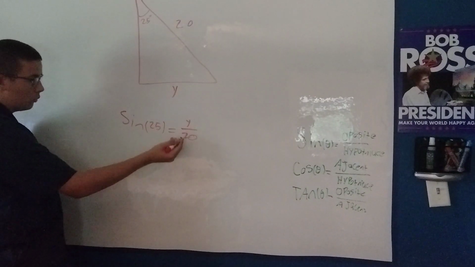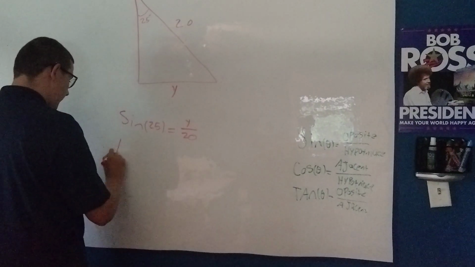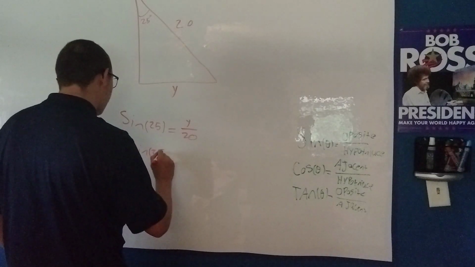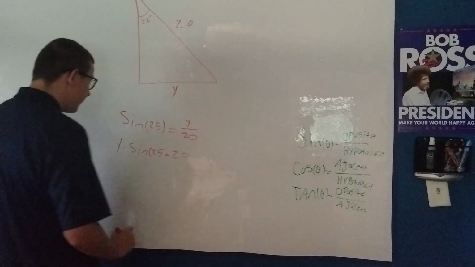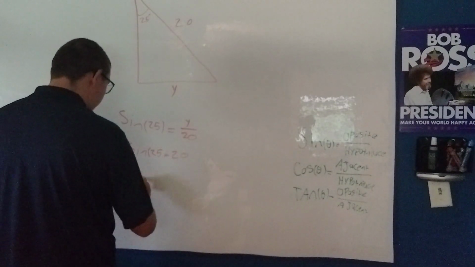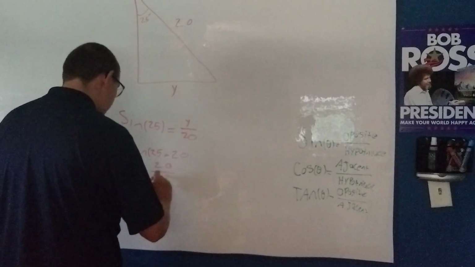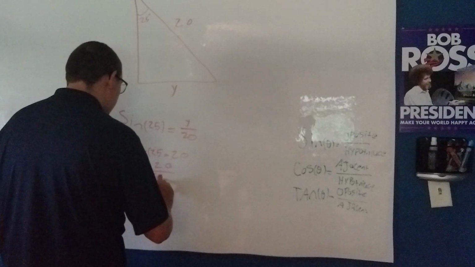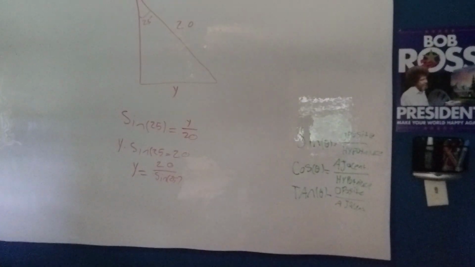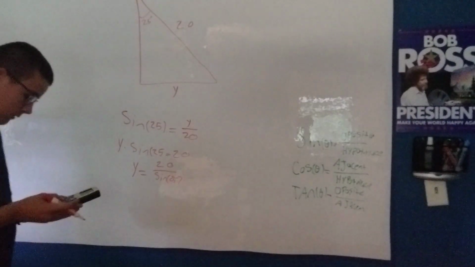First we multiply by y, so we get y sine 25 equals 20. And then we just divide, we get y equals 20 over sine 25, like that.